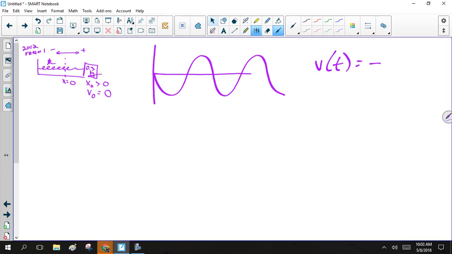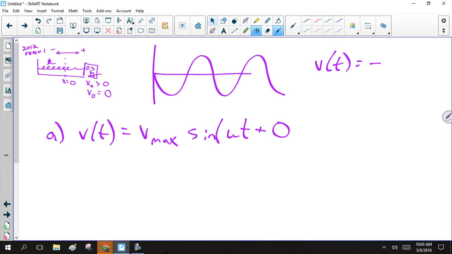Determine the equation for velocity of time. So for part A, velocity at time t should be v max times the sine of omega t plus some phi, maybe, right? And don't forget about the negative, because it's inverted. So let me pause there for a minute. Is everybody good with how I got this?